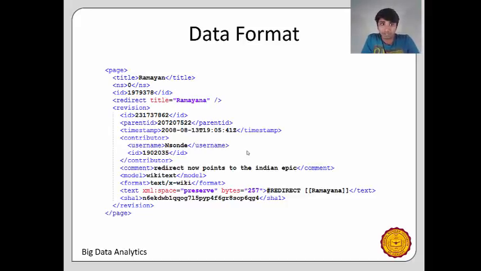So data format. As you can see in this slide, there are many fields available in my data format. Approximately 17 fields are there, and I'm not going to consider all of the fields. Whichever fields are necessary for me, those fields I'm going to consider.